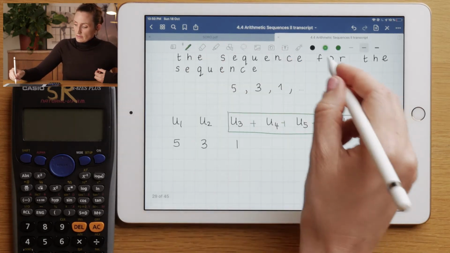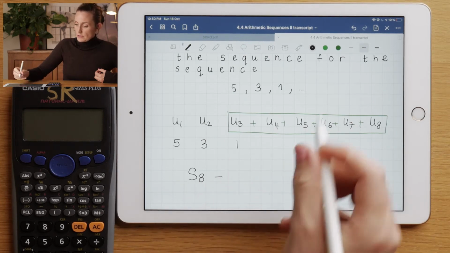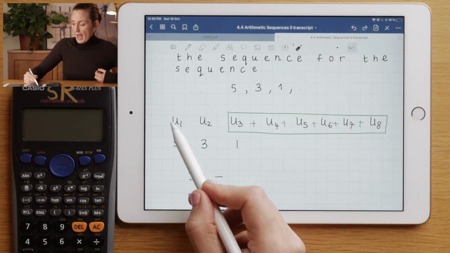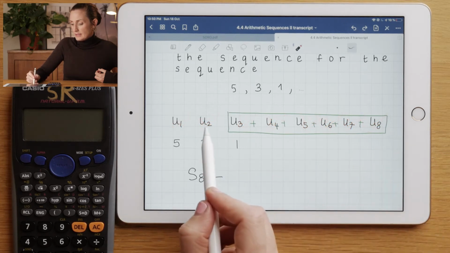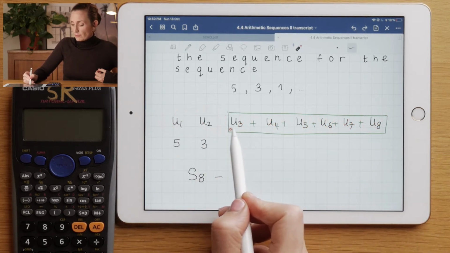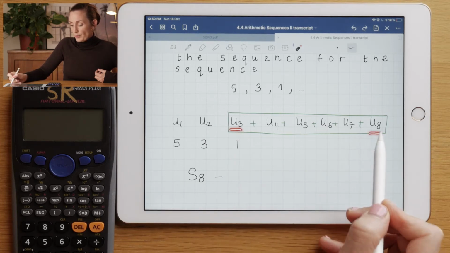So in effect, we're going to do S8, which would be adding all of these together, and we're going to minus U1 and U2, and that will give us the total as if we were adding U3 up to U8.